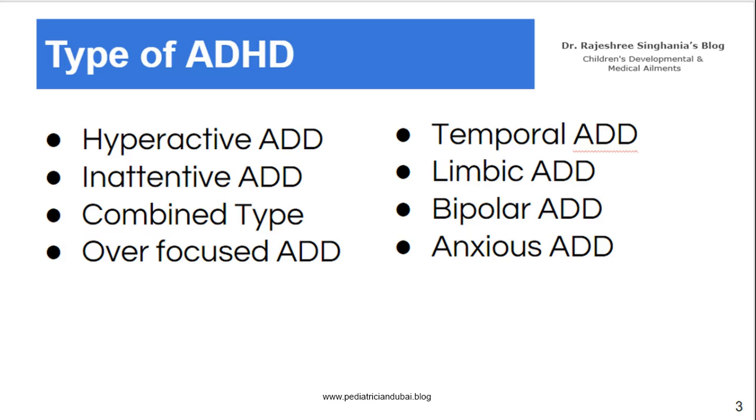The limbic type of ADD, where they are depressed and withdrawn. The bipolar type, or type 6, where they are hypersensitive to sounds, noise, and extremely hyperactive. It's also known as the ring of fire ADD. And the anxious ADD, where they look anxious or worried, but actually they also have ADD.